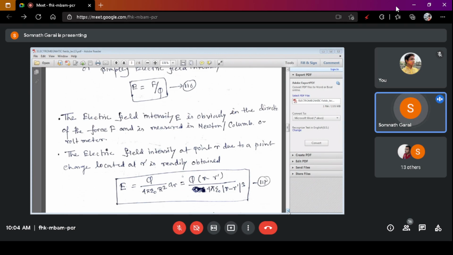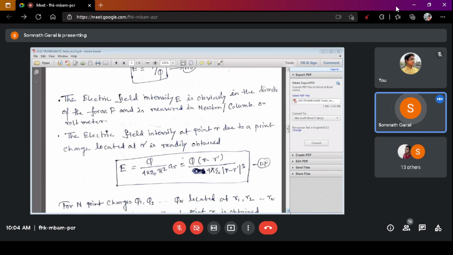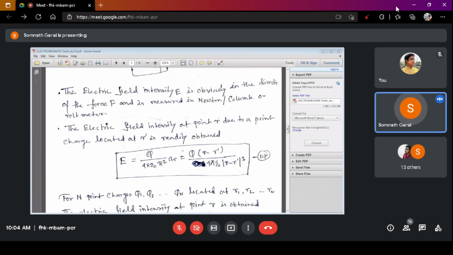If the electric field intensity at a point r, small r, is due to a point charge whose position vector is r dot, then the electric field intensity is defined as capital E equals Q by 4 pi epsilon naught r square into AR.